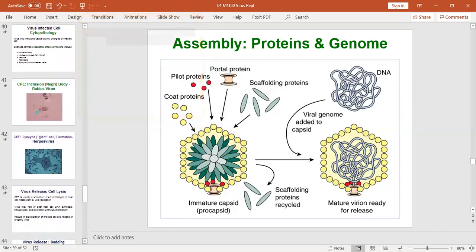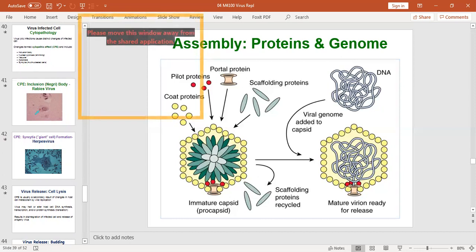Okay, so up to now we talked about how viruses gain entry into the host cell, uncoat, and then some concepts about genome replication, early and late mRNA expression and translation, as well as virus assembly and release.